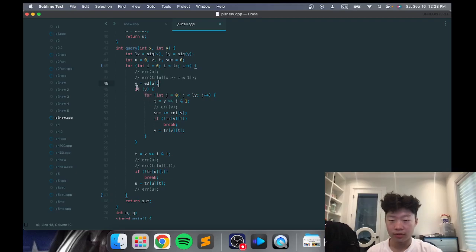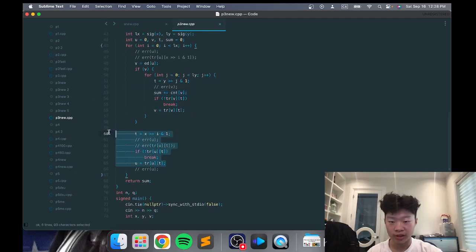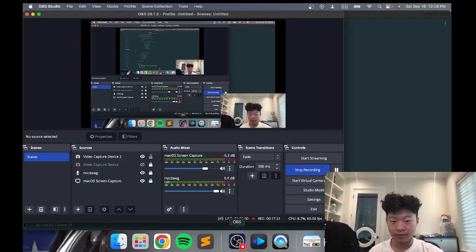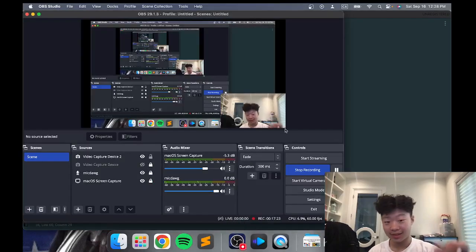So if there's a linked tree of Y, then you go down to Y as well. You add that up. This is normal trie stuff. Okay. That's basically this question.